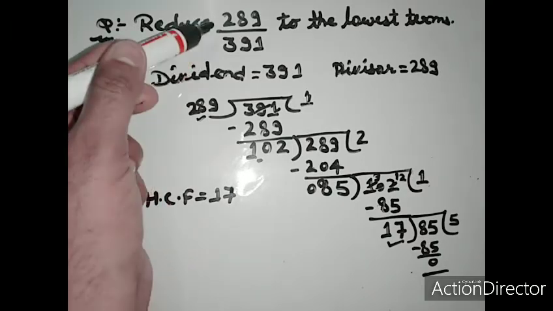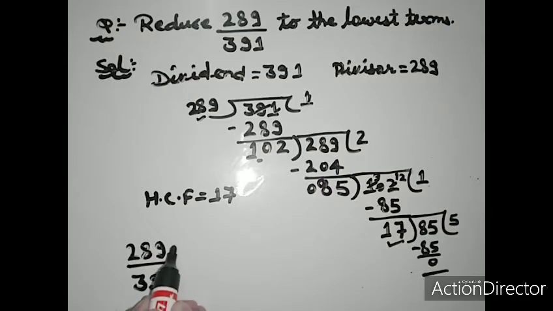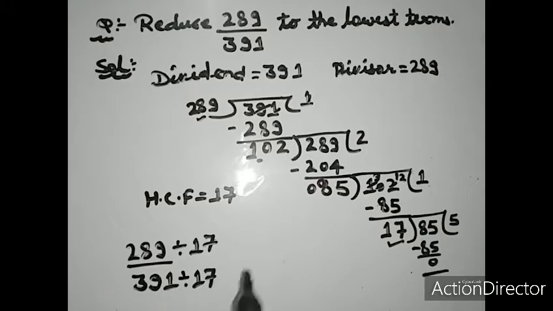Now we divide both numerator and denominator by 17. So 289 and 391 divided by 17. Now 17 divides 289, 17 times, and this 17 divides 391, 23 times.